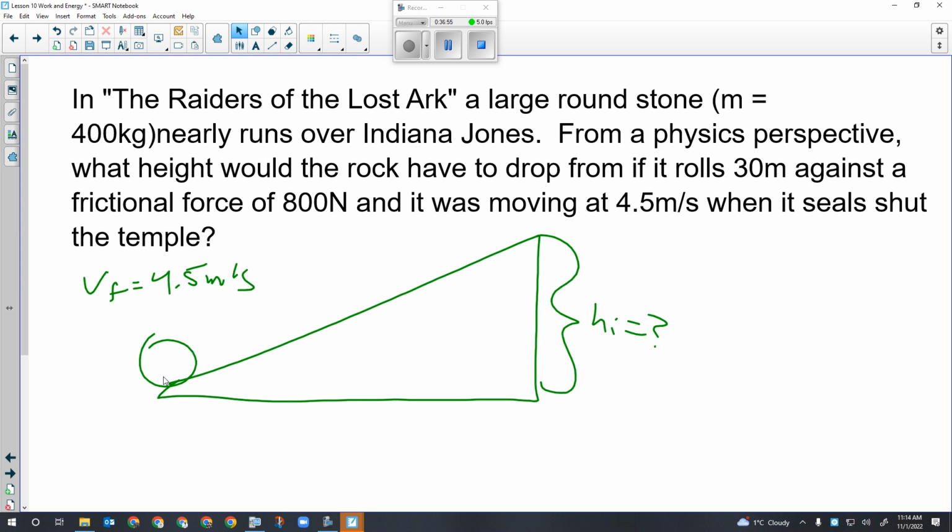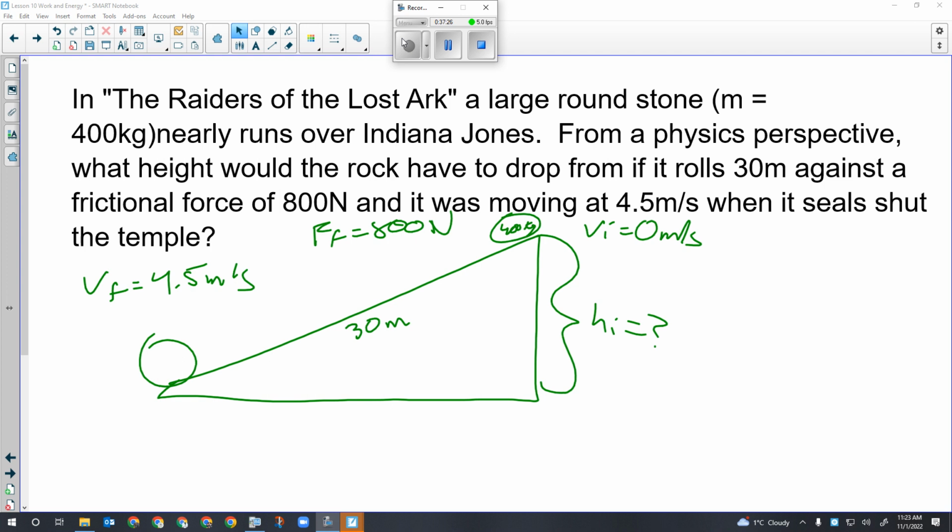What was the initial speed? 0. He triggered it and then it started moving. So this one's actually easier than the last one. We know that this is 30 meters, it's 400 kilograms, and friction is 800 newtons. I'll give you a few minutes on that one.